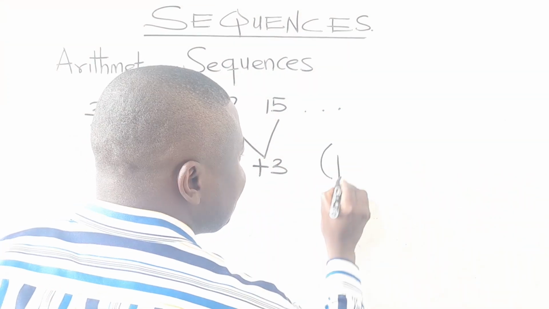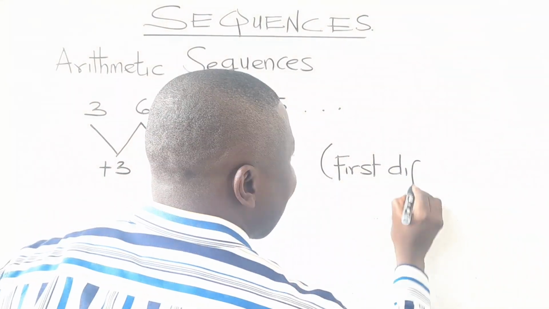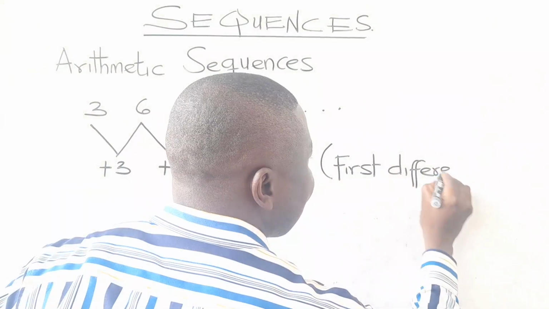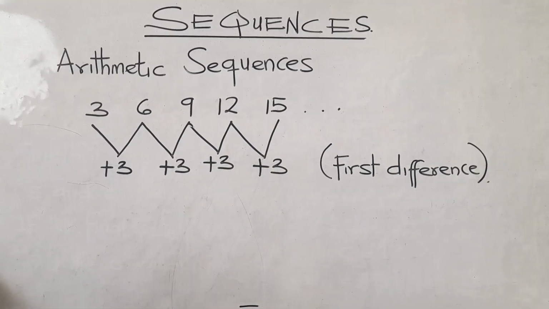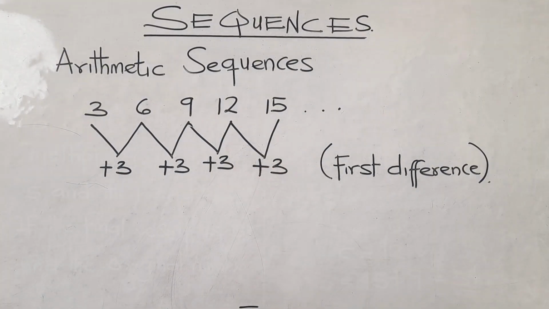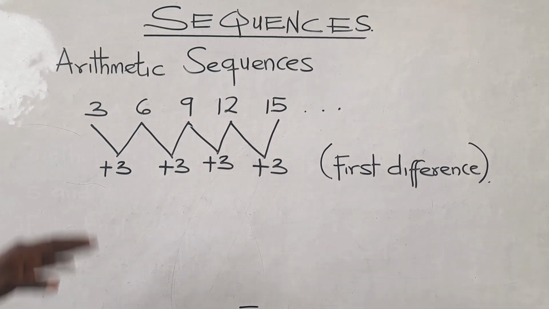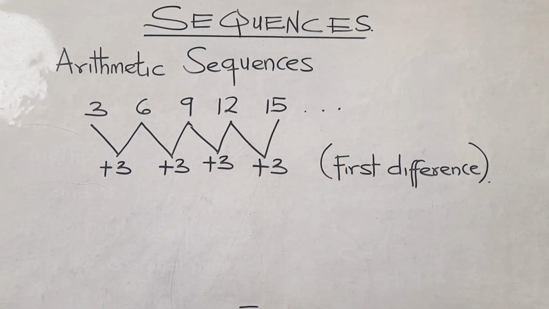This is the first difference. When the first difference is the same, it is said to be an arithmetic or linear sequence.